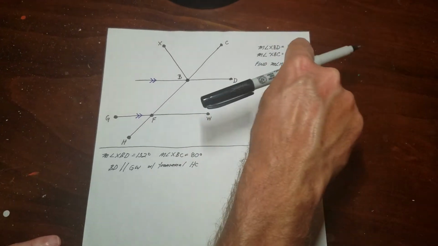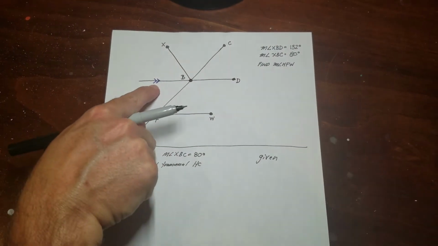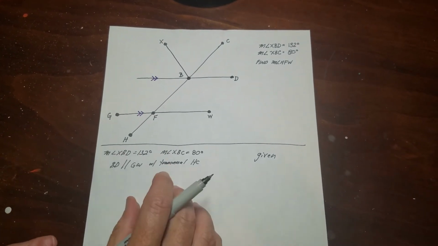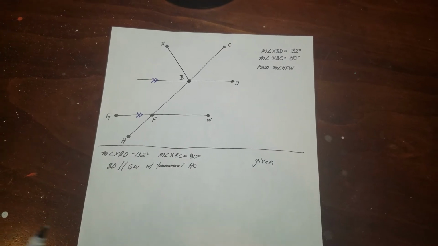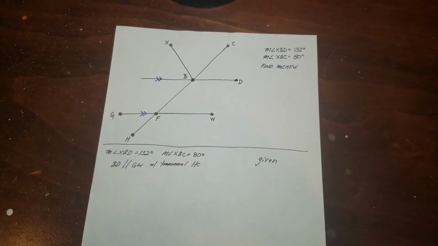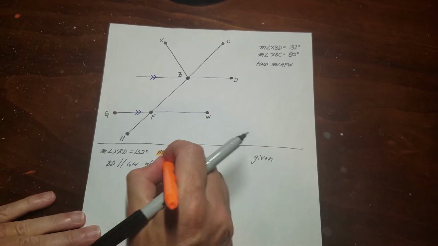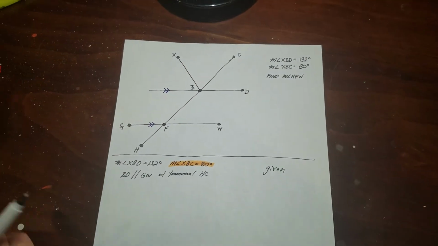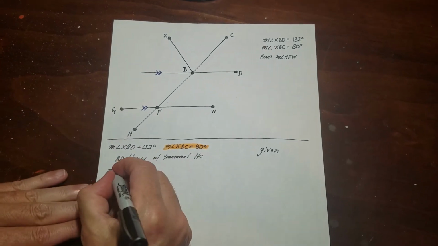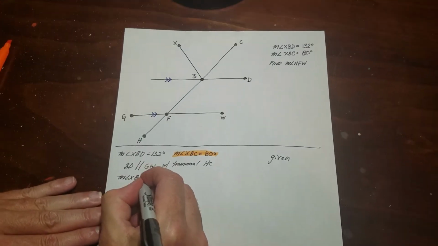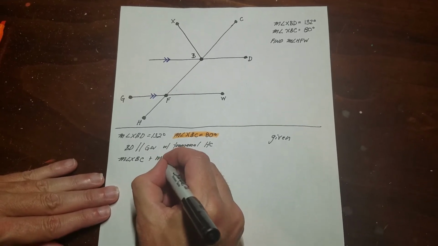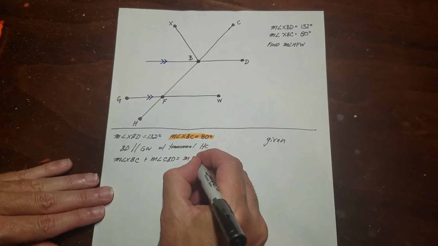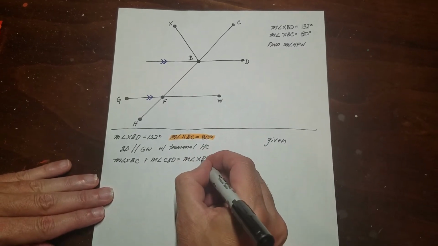Part of it was stated right here, and then the other part I got from the labeling on the diagram indicating that these are parallel. Okay, so I'm going to start with what they gave me, which was the XBC angle, this one up here. So I'm going to write the measure of angle XBC plus the measure of angle CBD is equal to the measure of angle XBD.